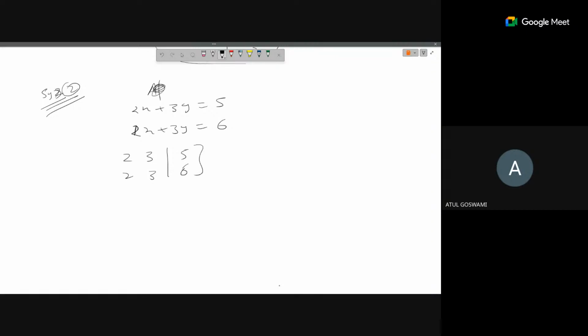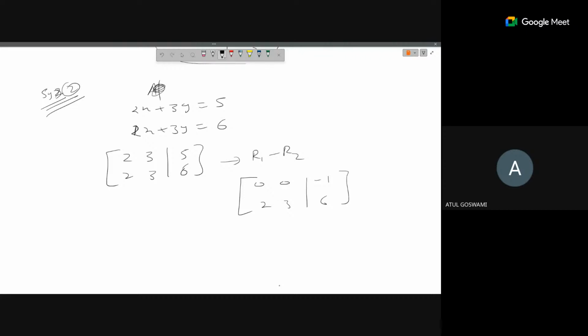So what will happen when you do? We will apply row 1 minus row 2. Okay, what we get: 0, 0, minus 1, and 2, 3, 6, right?